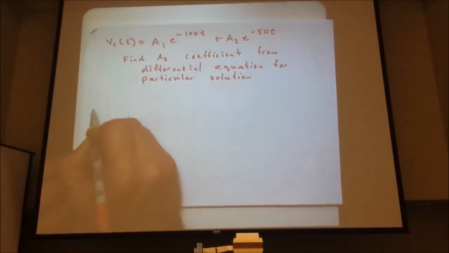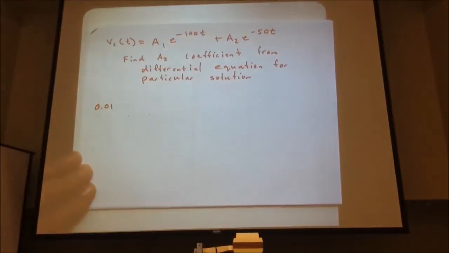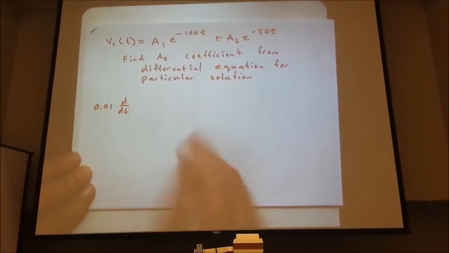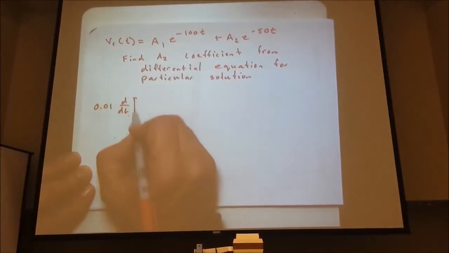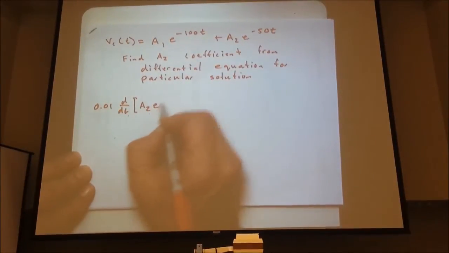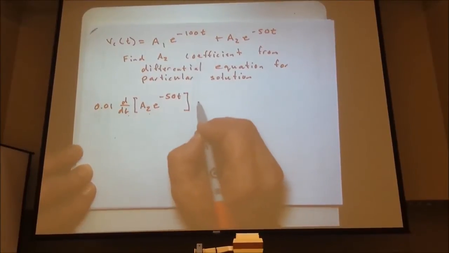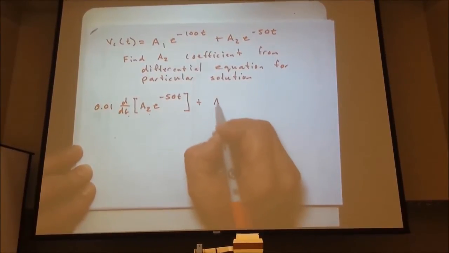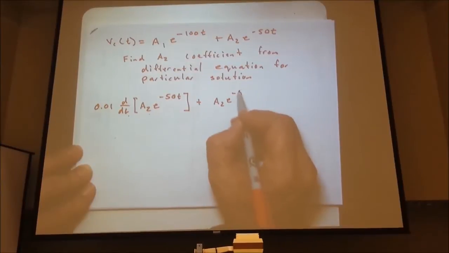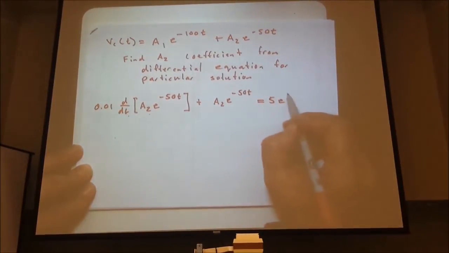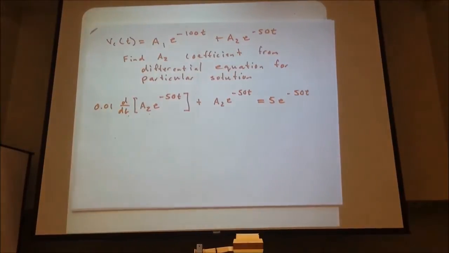Well, once again, 0.01, just to plug in some numbers, d by dt, where there's our particular solution, A2 e to the minus 50t, plus A2 e to the minus 50t equals 5 e to the minus 50t.